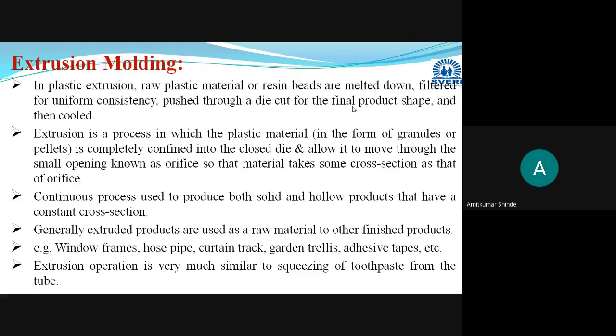It is melted, and with the help of that molten plastic material, we form a uniform paste, a paste having consistency, that is termed the molten plastic material or plastic paste. It is then pushed through the die.